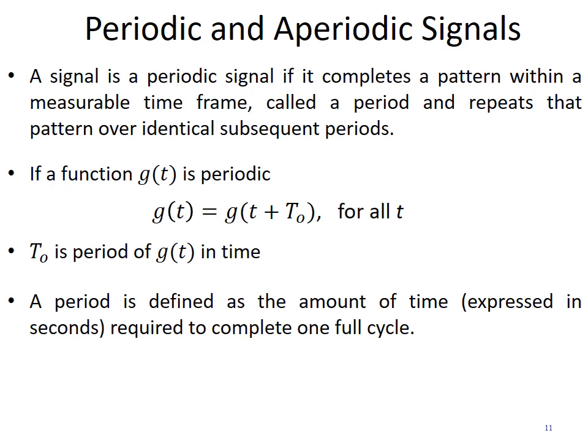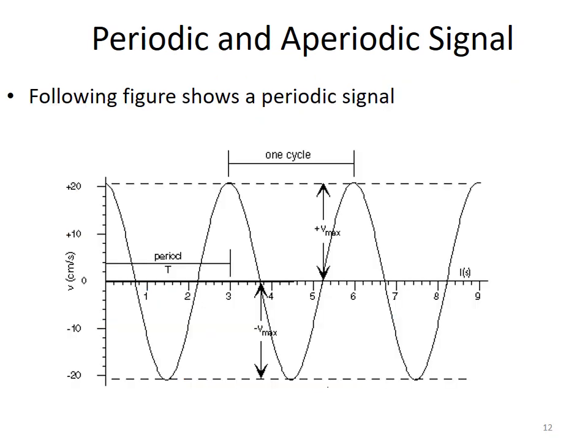So any signal that requires time to complete one cycle is called the period of the signal. And obviously the reciprocal of time period is the fundamental frequency, usually represented by f, and it is measured in hertz, cycles per second.